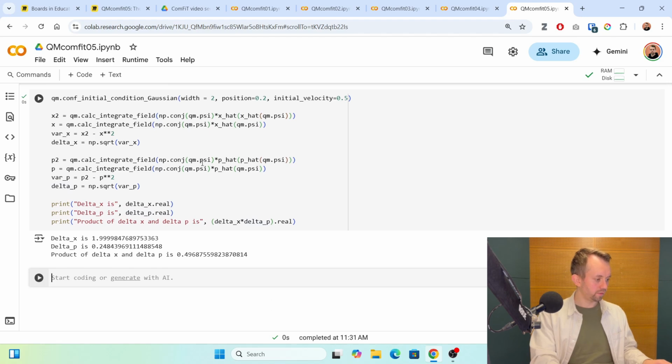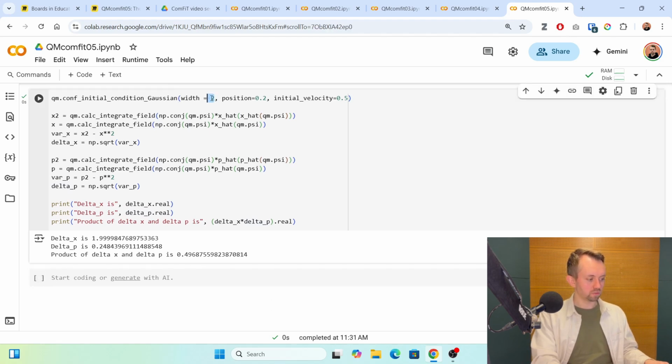So you can see that now when I've changed the width of the initial Gaussian to 2, then the standard deviation in the position is now 2, whereas the standard deviation in the momentum is now 0.25248, and the product is 0.49.